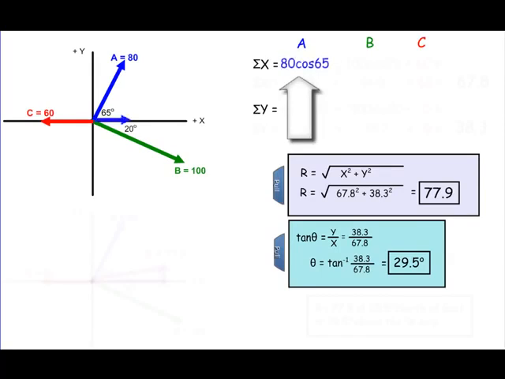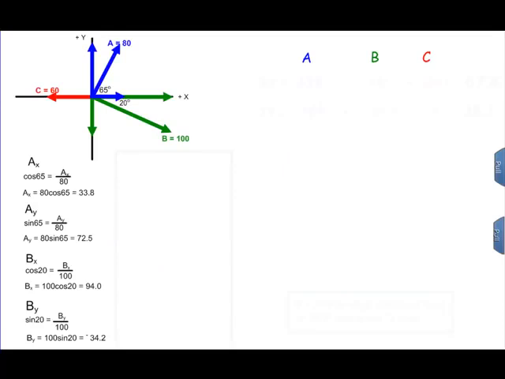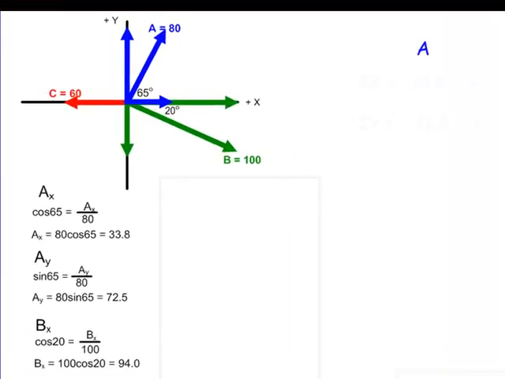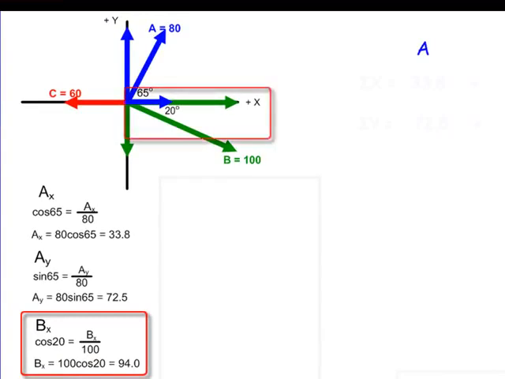Now let's go back. Let's look at the x component of vector B, and we'll find that that is defined by cosine of 20 degrees, and that's equal to, again, the adjacent leg, which is the x component of vector B, divided by the hypotenuse, which is 100.